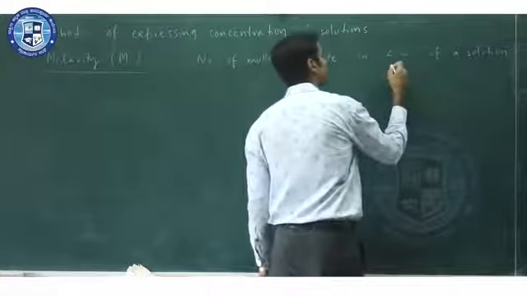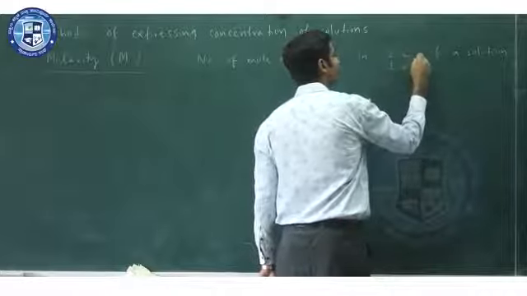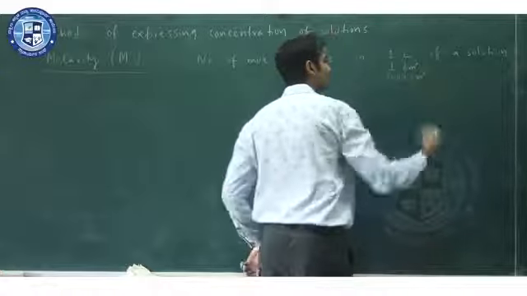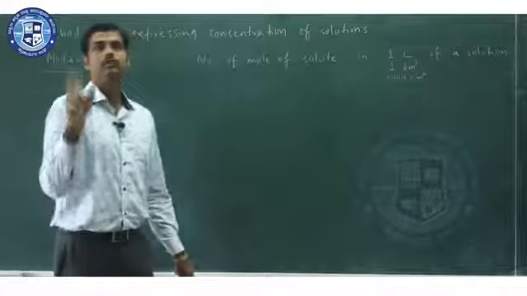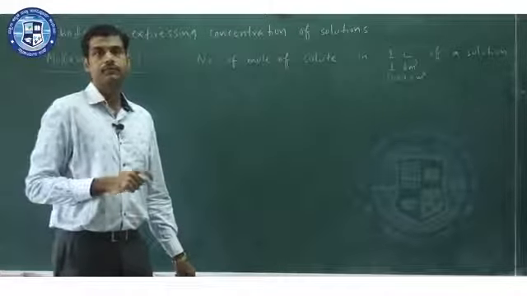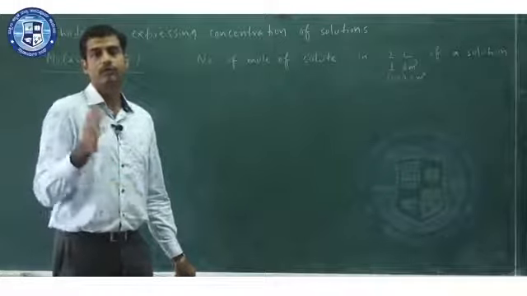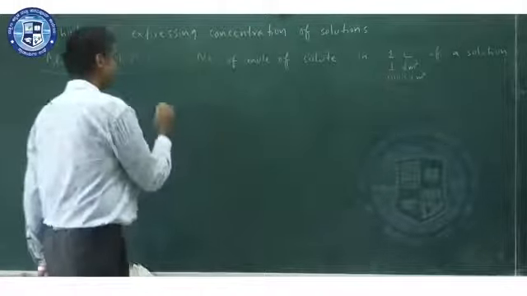So 1 liter, you can also express this in terms of 1 decimeter cube or 1000 centimeter cube. So what is the number of moles of the solute dissolved in 1 liter of the solution? That will be the concentration expressed in terms of molarity.